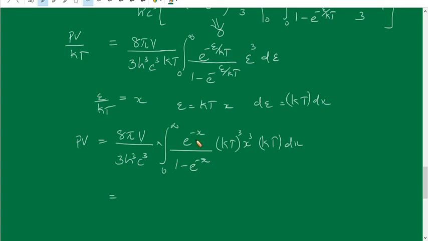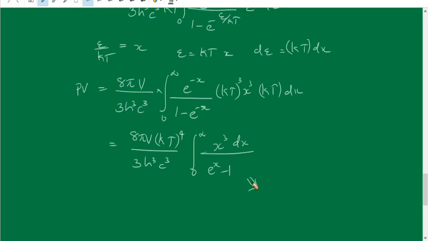We can divide numerator and denominator by e^(−x). Then this will be 8πV (kT)⁴ divided by 3h³c³ times the integral of x³ dx divided by (e^x − 1).